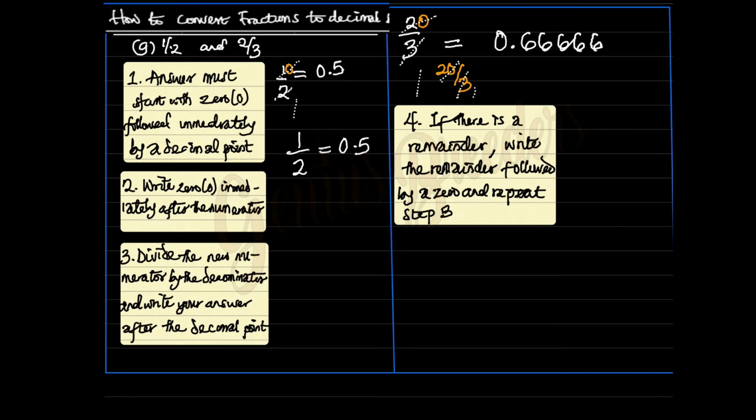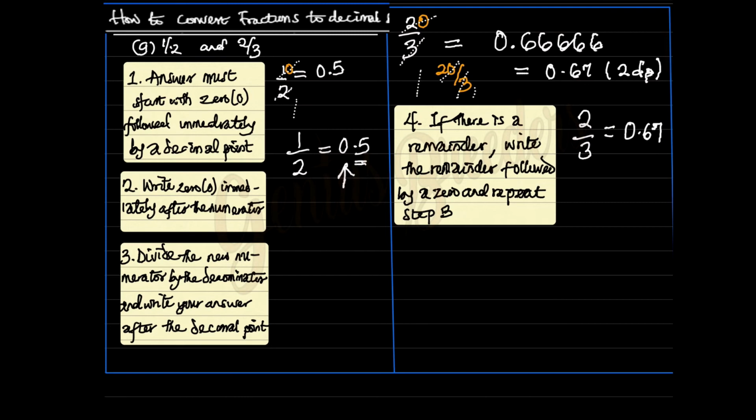So in approximation, this will be 0.67 if we are picking only 2 decimal places after the decimal point. So this is approximated to 2 decimal places. So there you have it. You have 1 over 2 converted to 0.5. You have 2 over 3 converted to decimal as 0.67 approximately. Now there's something that you observe here, that this decimal number ended at 5.